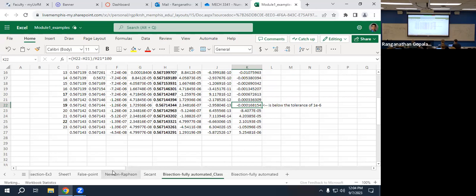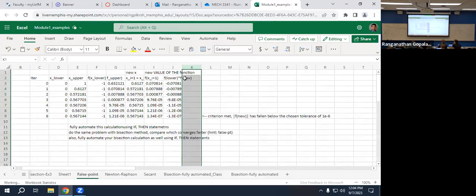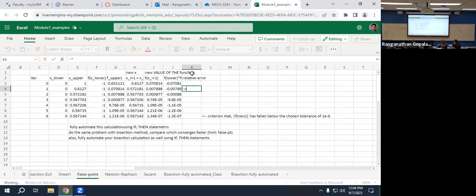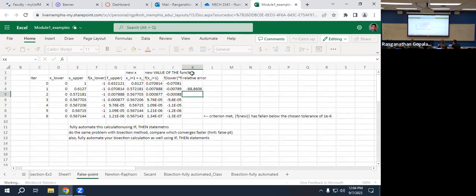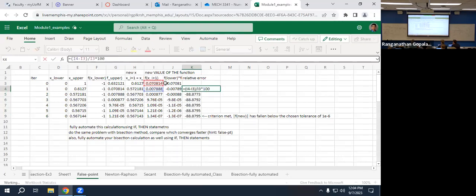If I take false point, I have to again add that relative error equal to current minus previous divided by current times 100.